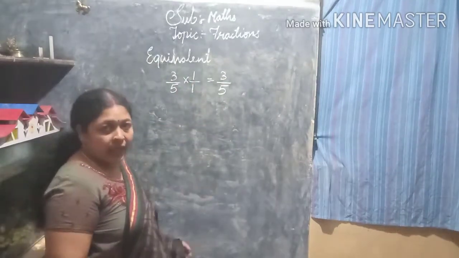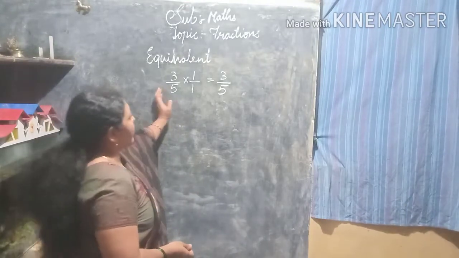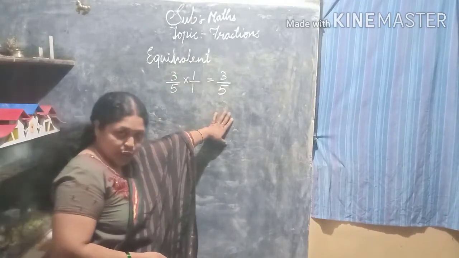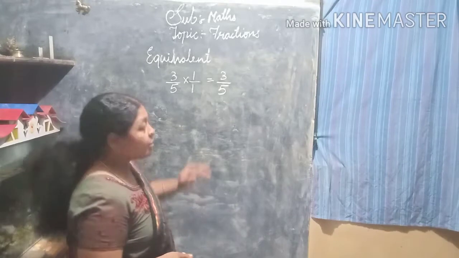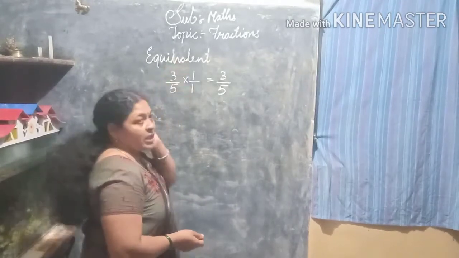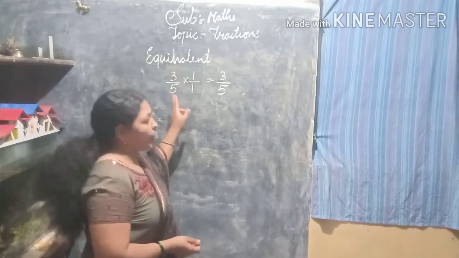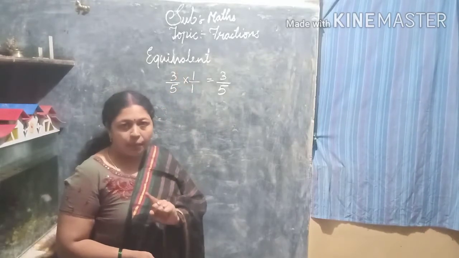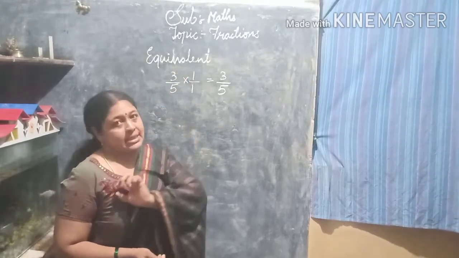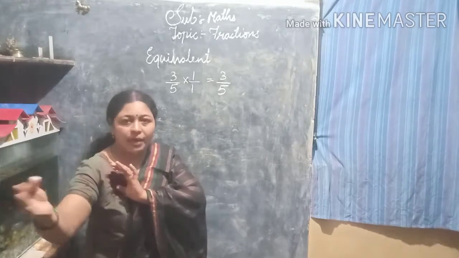Here, to make an equivalent of the given fraction, we multiply the numerator and the denominator with the same number. We will go from the least. Let us not take a higher number and try to multiply.